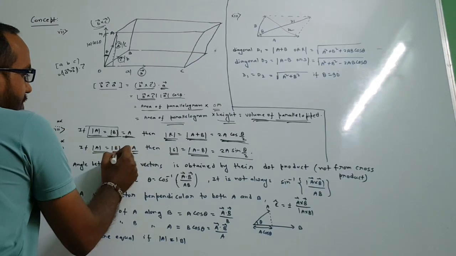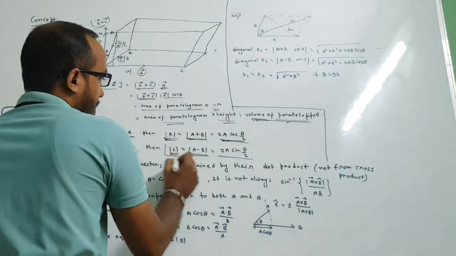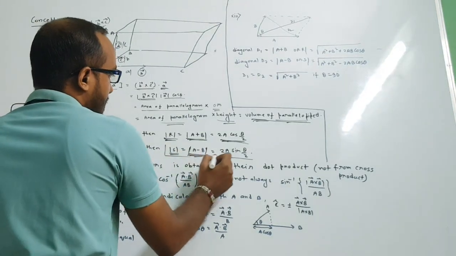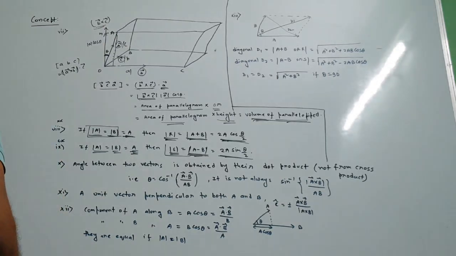If mod A equals mod B equals A, then mod of S, that is mod of A minus B, would be 2A sin theta by 2. Remember these two results, because they are extremely important.